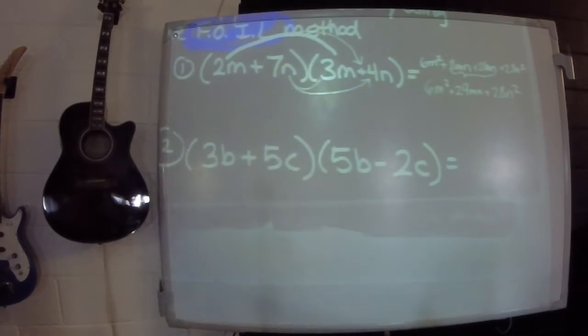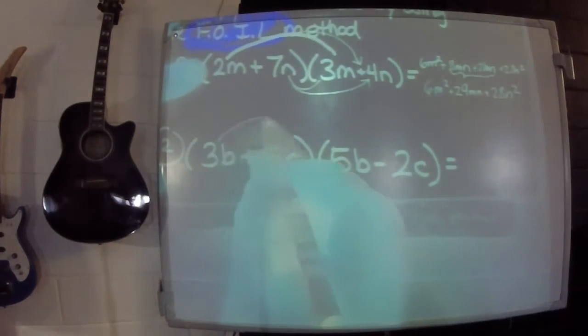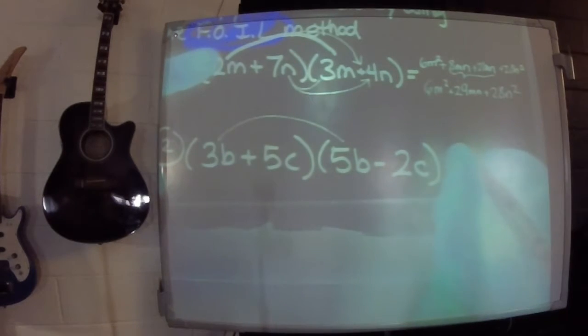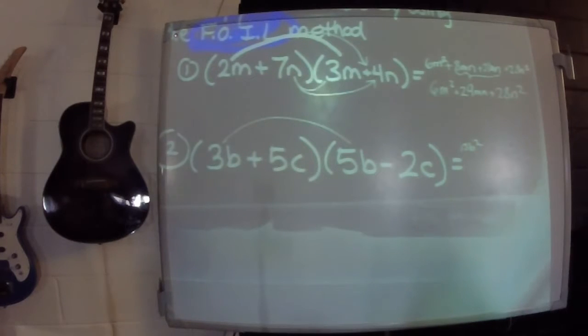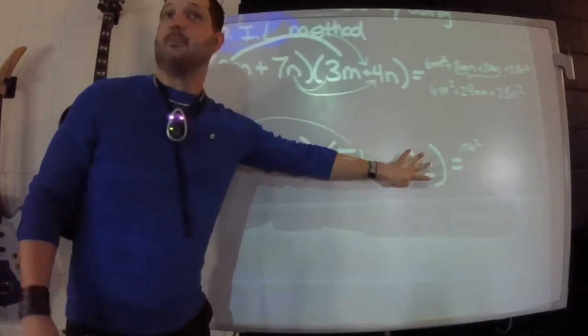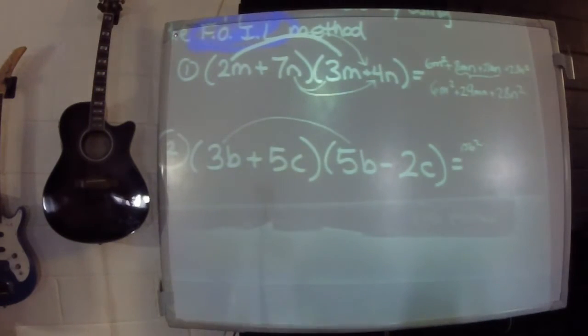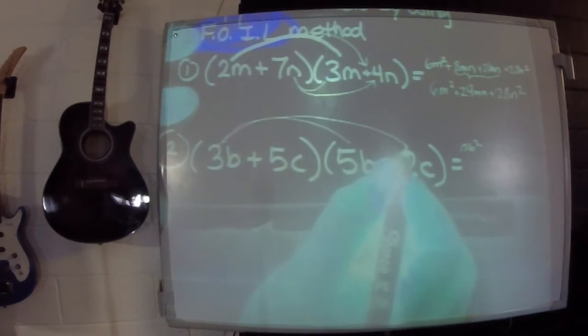Okay, let's FOIL this out. First one gives you what? That's your 15b squared. That's my F. Now my O, keep in mind, this is a -2. It's not +2. So I got 3b times -2c.